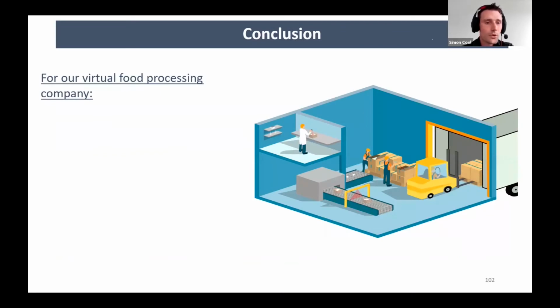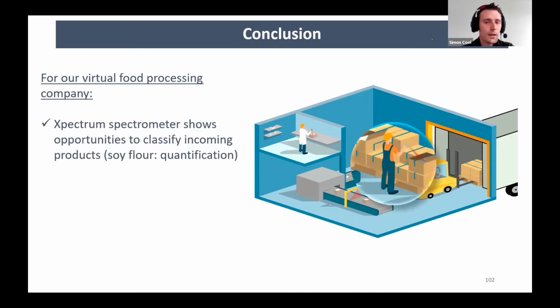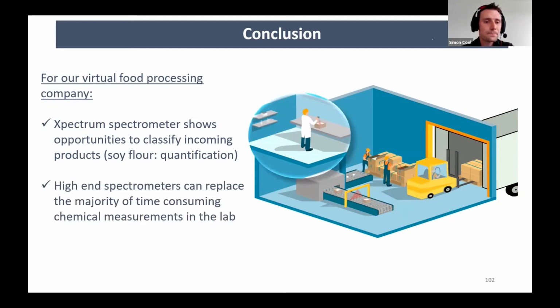So to conclude, for our virtual food processing company, which was explained in the previous steps, and based on the measurements obtained in our measurement campaign for soya and quinoa, we can conclude that the X-Spectrum spectrometer shows really some opportunities to classify incoming products, and even can be used to do a quantification in the case of soya flour.